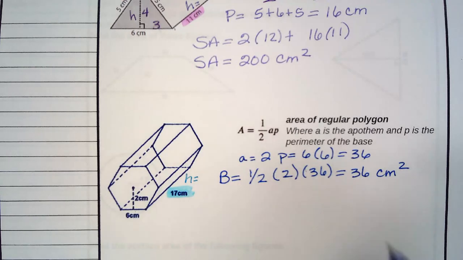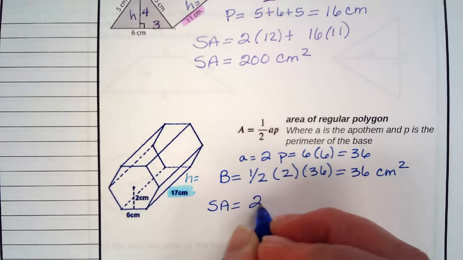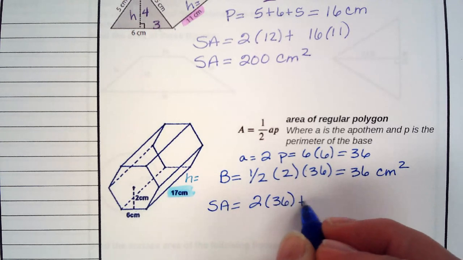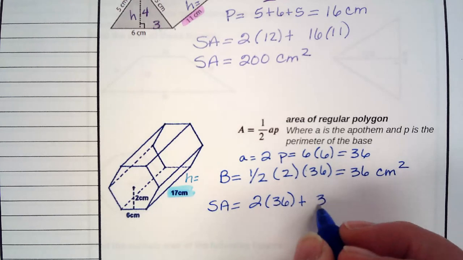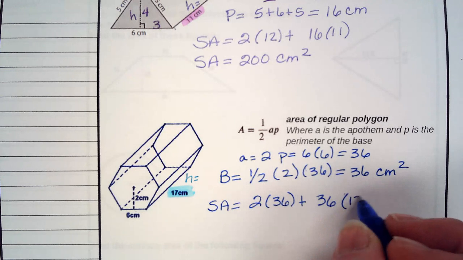So putting it all together, my surface area is 2 times my base area, which is 36, plus my perimeter, which is 36, times my height, which is 17.